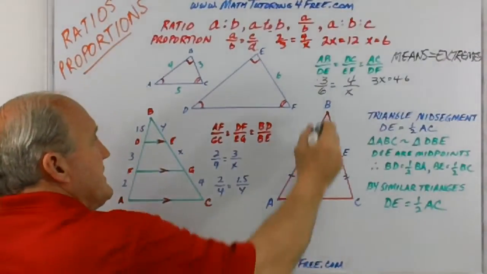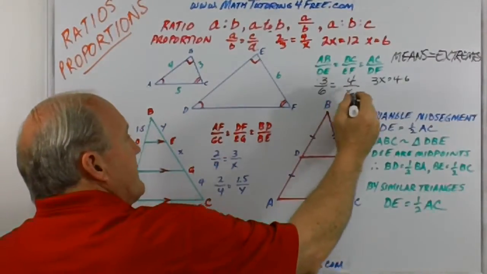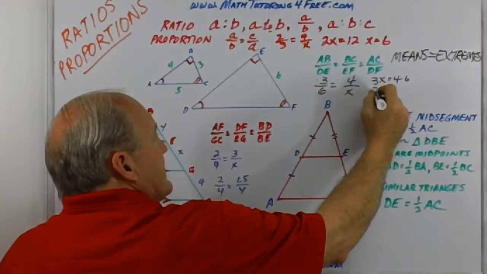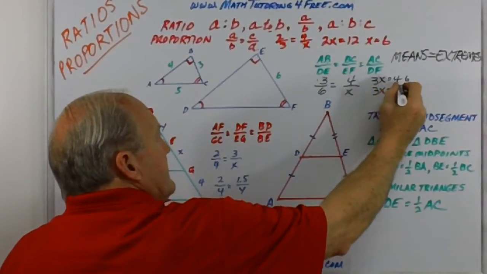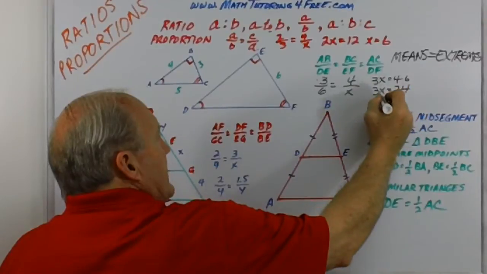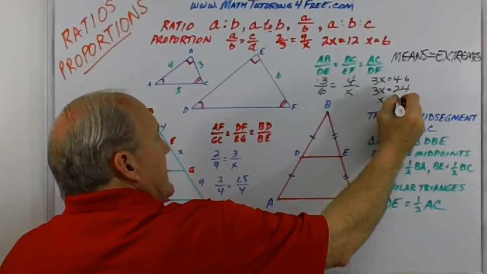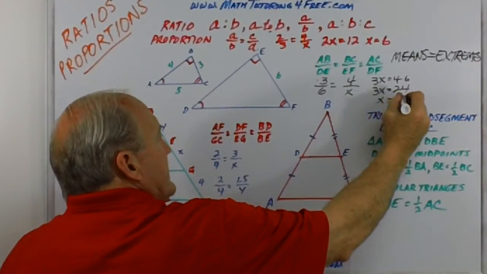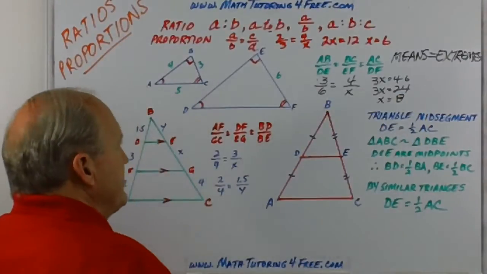In other words, 3 times x is equal to 4 times 6. 3x is equal to 24. With simple algebra, we divide by 3, so x must be equal to 8.